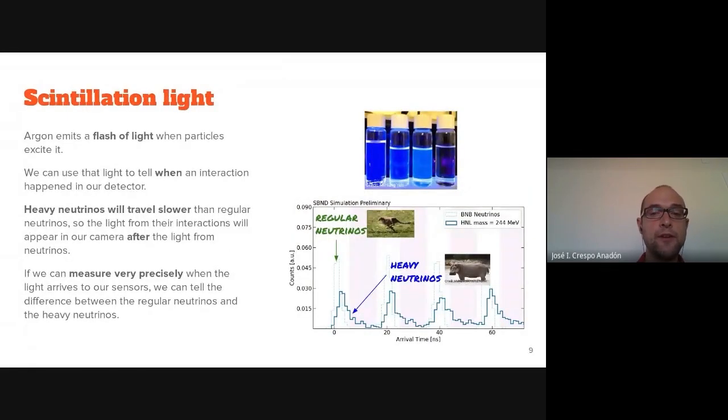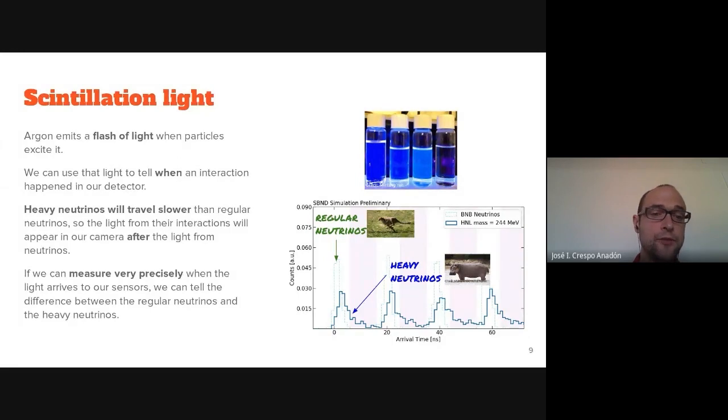And now we have another property of detectors, which is that, for example, argon emits a flash of light when particles excite it. You can see here an example of how a scintillator, this is called a scintillator, shines light when it's excited. So we can use that light to tell when an interaction happened in our detector. What we want to exploit is that heavy neutrinos, because they are massive, will travel slower than the regular neutrinos.